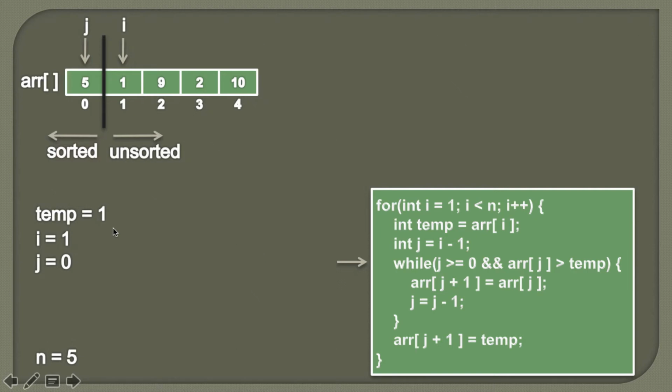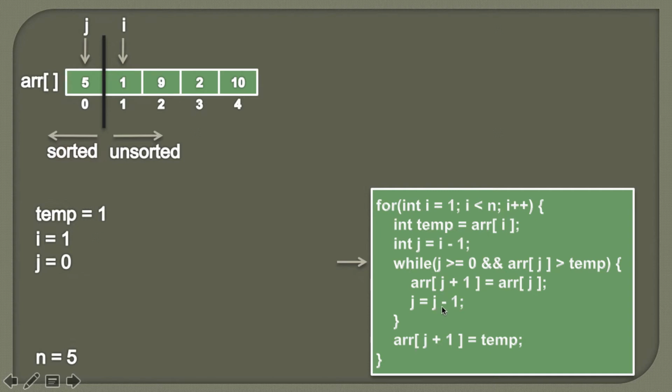As we are sorting in ascending order, the condition we provide in the while loop is that j should be greater than or equal to 0, because inside this while loop we are decrementing j by 1. We have to provide this condition because we don't want to go outside of this array.